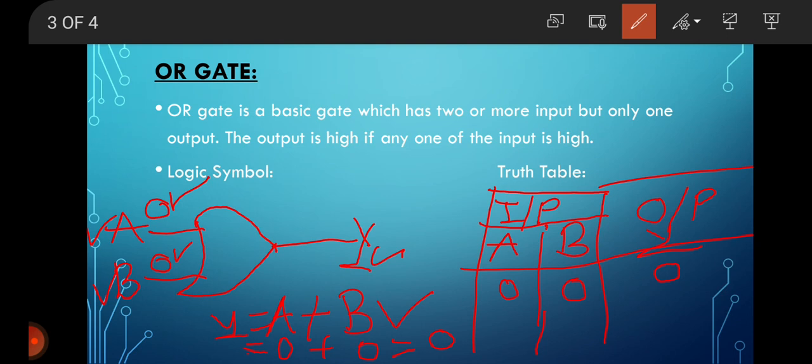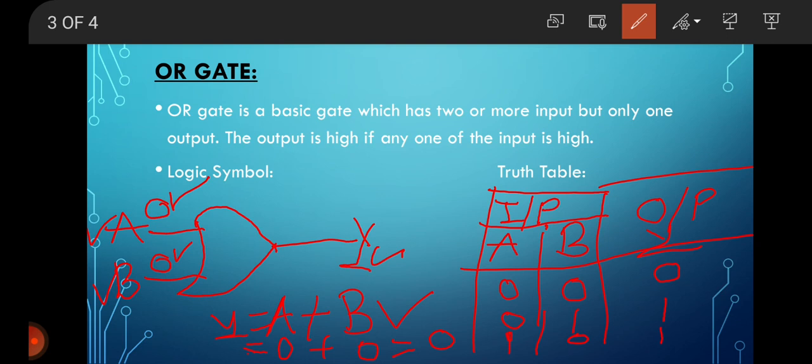Then apply 0 to the A input and 1 to the B input, and the output is 1. Then apply 1 to the A input and 0 to the B input, so we get 1.